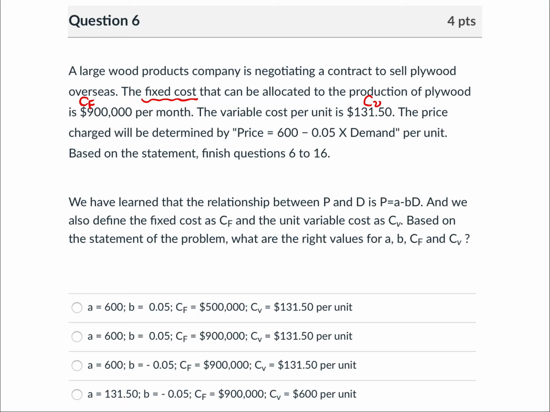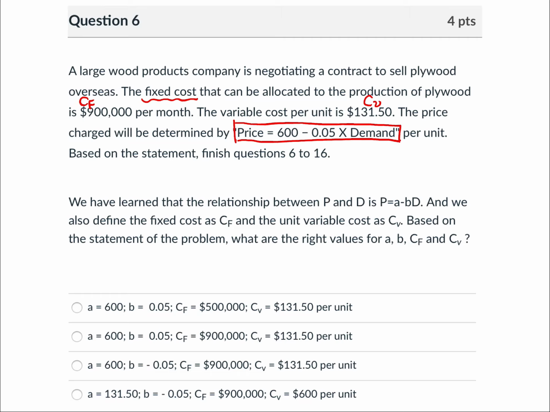So that's the C lowercase v. The price charged will be determined by the price equals 800 minus 0.05 times demand, per unit. So that's the relationship between P and D. Based on the statement, finish questions 6 to 16.